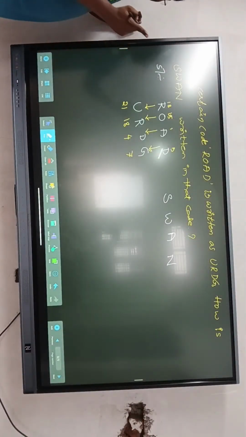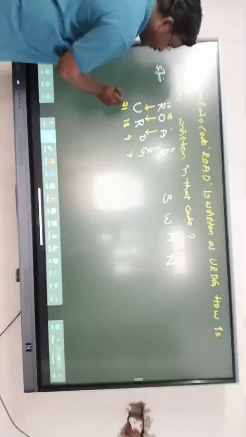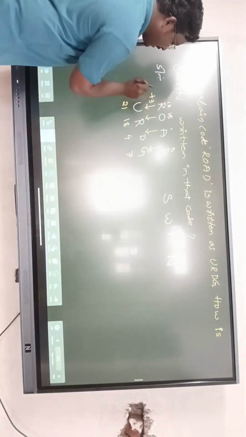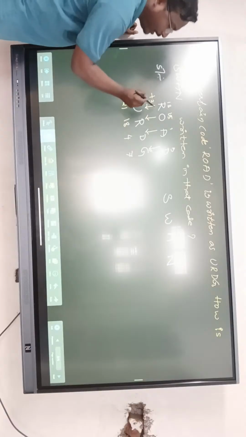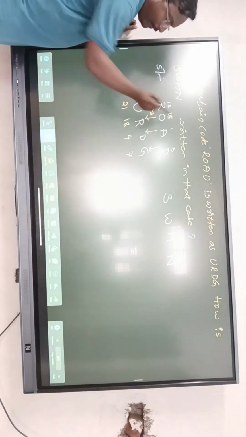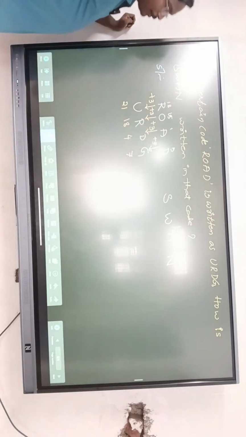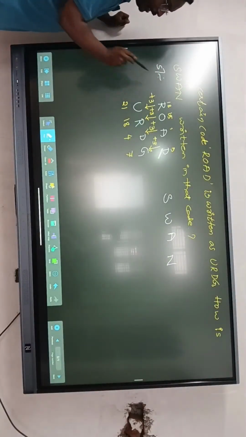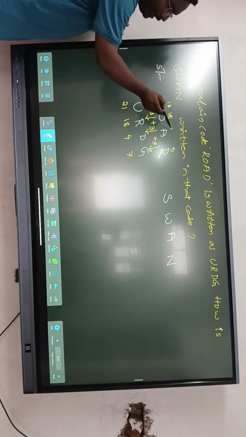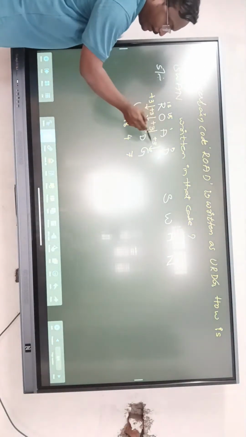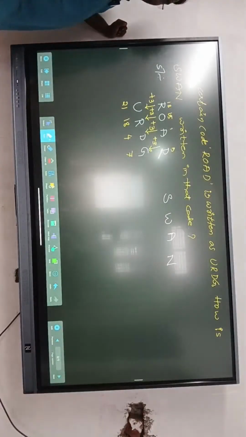Increasing is nothing but plus 3. 21 minus 18 is plus 3. 18 minus 15 is plus 3. 1 plus 3 is 4. Here it is plus 3. 18 plus 3 is 21, 15 plus 3 is 18, 1 plus 3 is 4, 4 plus 3 is 7. Do you understand? Right.